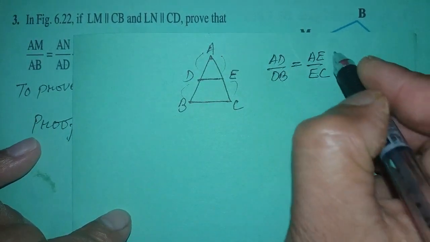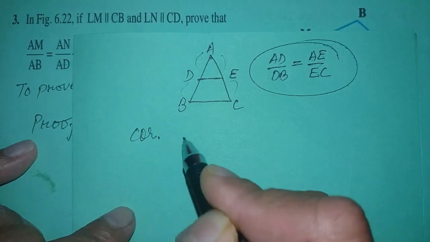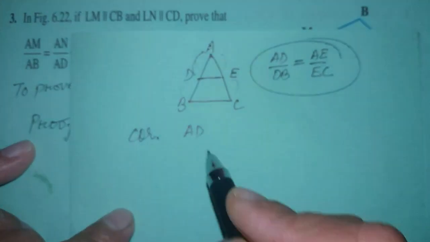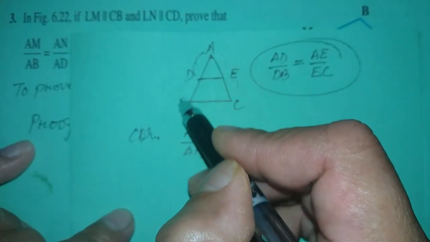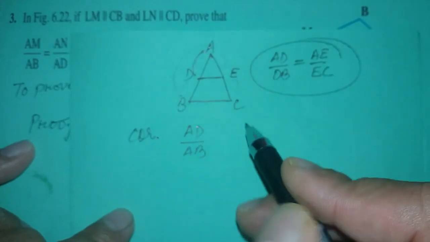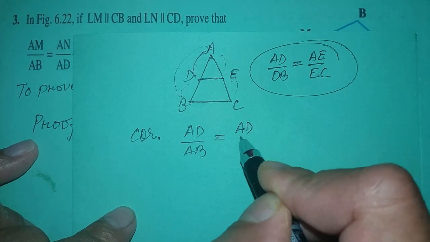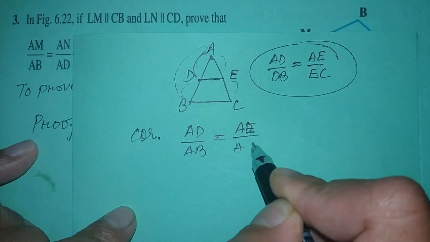Now what we can get from this main theorem is a corollary. If we take AD by AB like this, then in the same manner if we take on the other side, the ratio will be same.